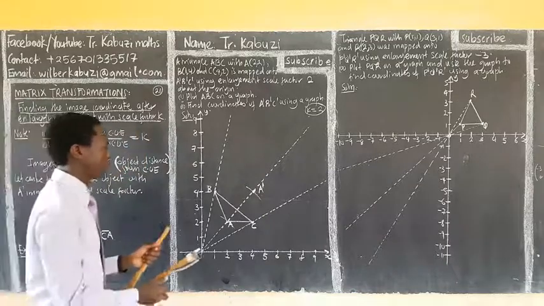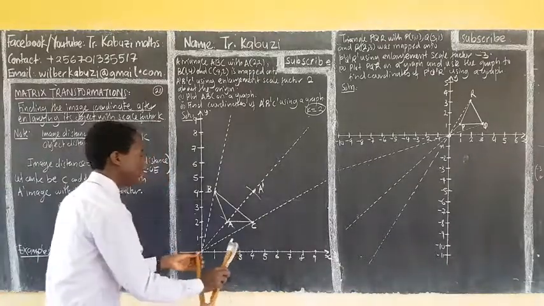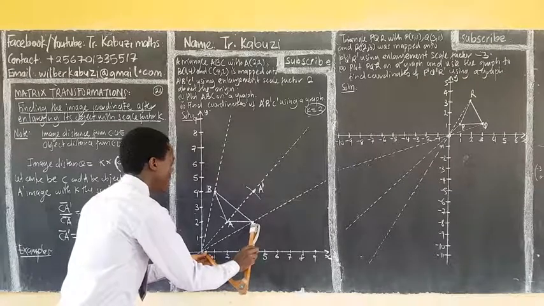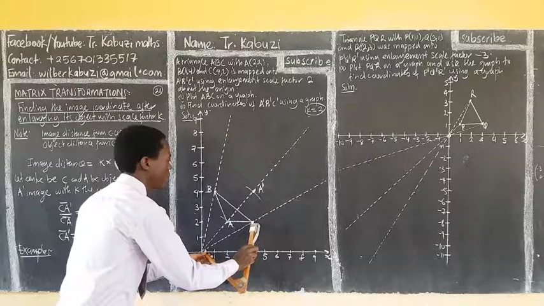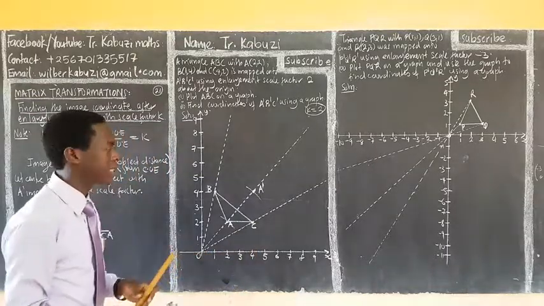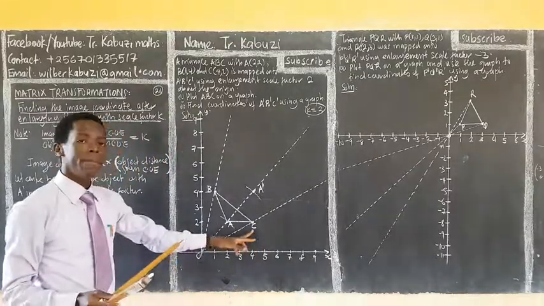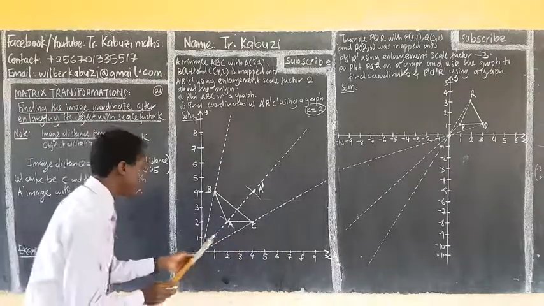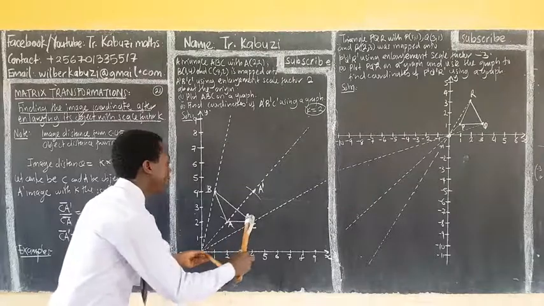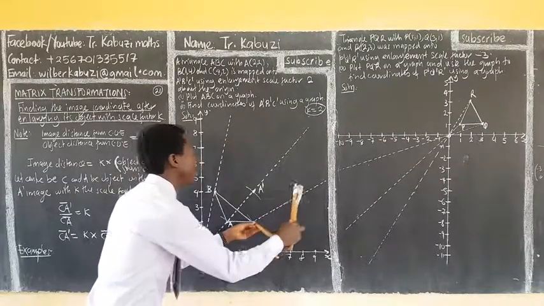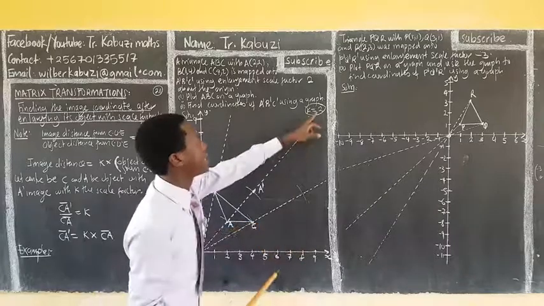Then when I come to C, I measure the distance from the center to C. Then I move this distance 2 times so that I can get the distance of the image from the center. This is 1, then I move it 2 times, because it's 2 times.